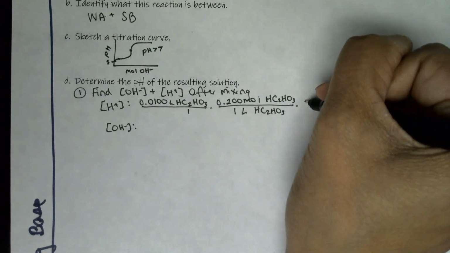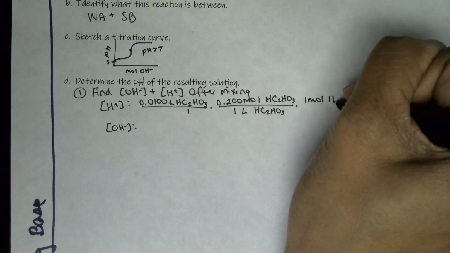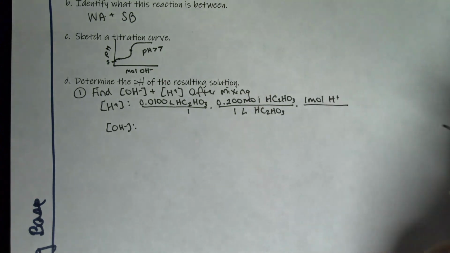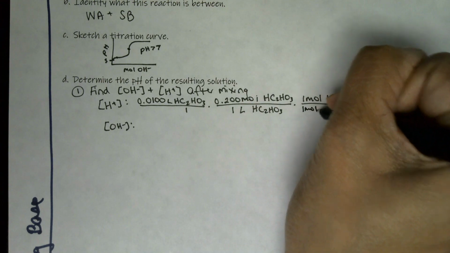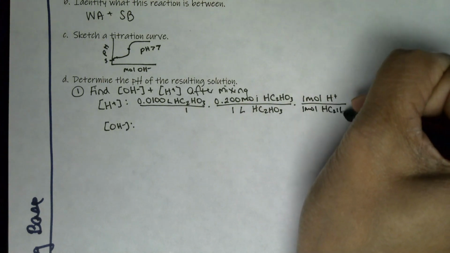And then we know we have 1 mole of H plus for every 1 mole of HC2HO3.